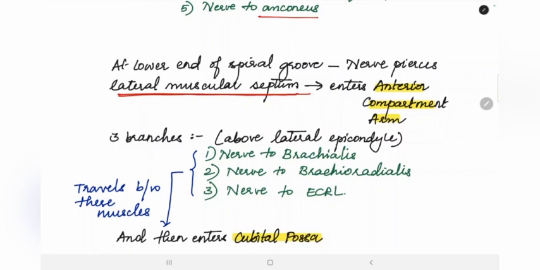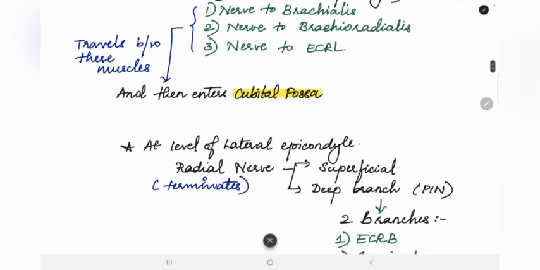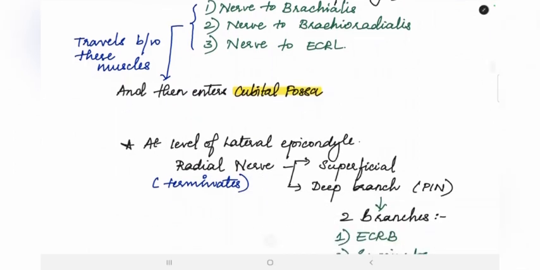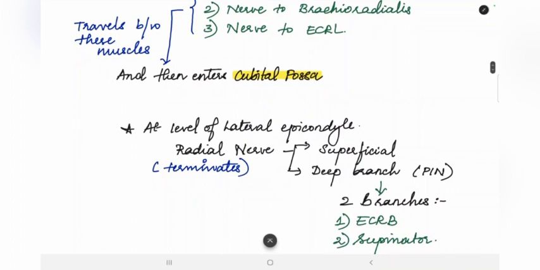Then the radial nerve first descends between the brachialis and brachioradialis, then between brachialis and extensor carpi radialis longus, and then enters into the cubital fossa. At the level of the lateral epicondyle, the radial nerve terminates by giving off two terminating branches, the superficial branch and the deep branch.